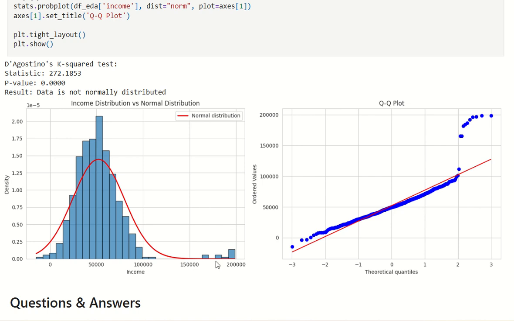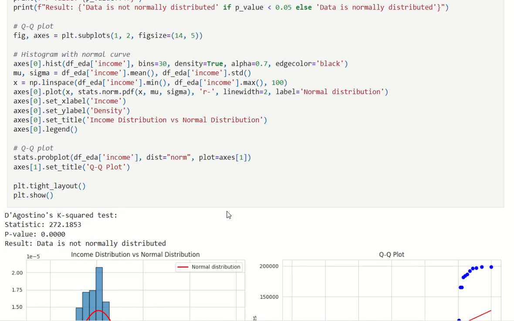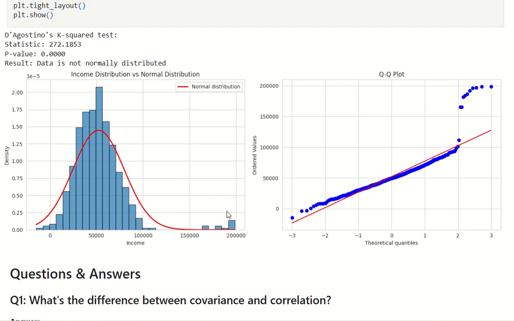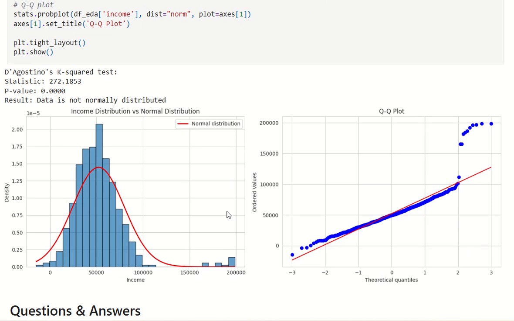I used the IQR rule and also a Z-score threshold, where Z-score greater than 3 identifies outliers. I visualized them on a box plot and scatter plot and then decided based on domain context whether to cap, transform, or leave them.